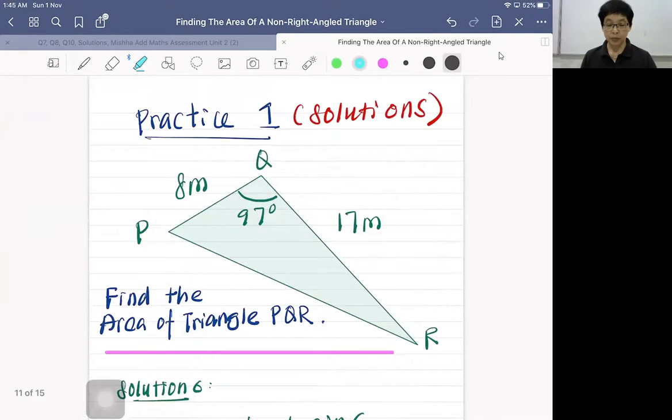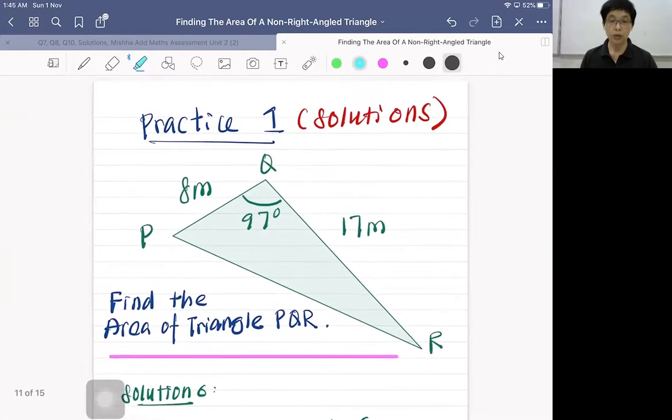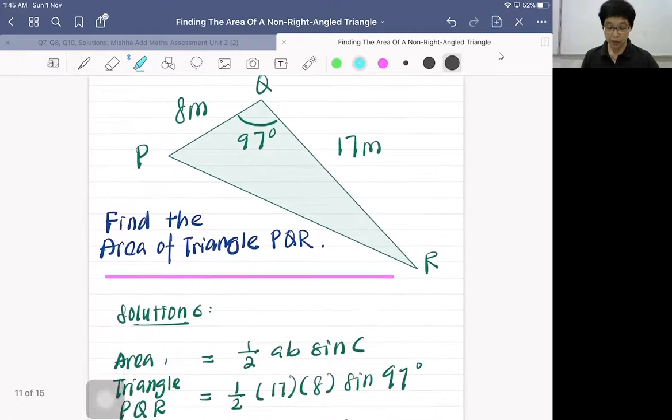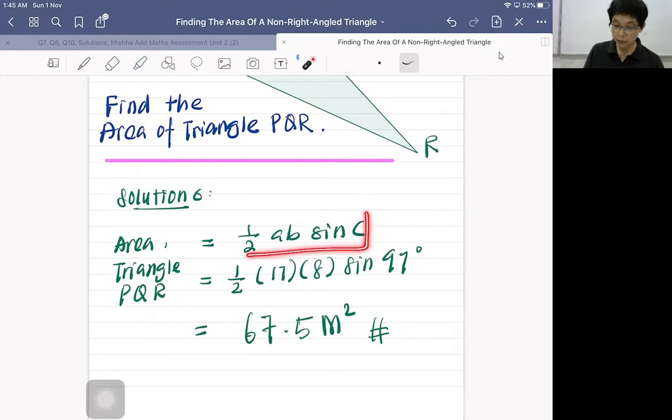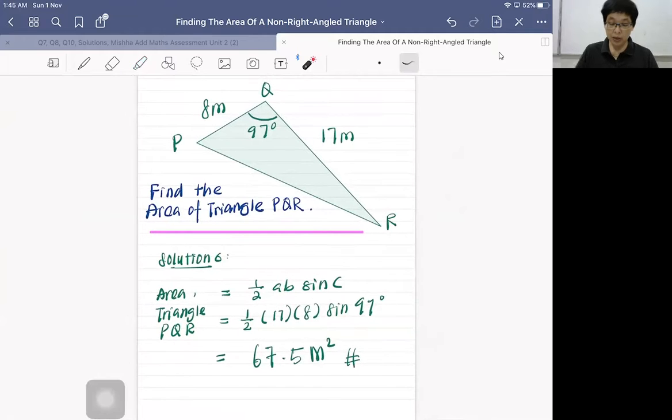Here we go. Now in the solution, let's check it out. I put out here the subject: area of triangle PQR. Here's the formula: half AB sine C. Now what is A and what is B? Easily, A and B are just the two sides that sandwich the angle.